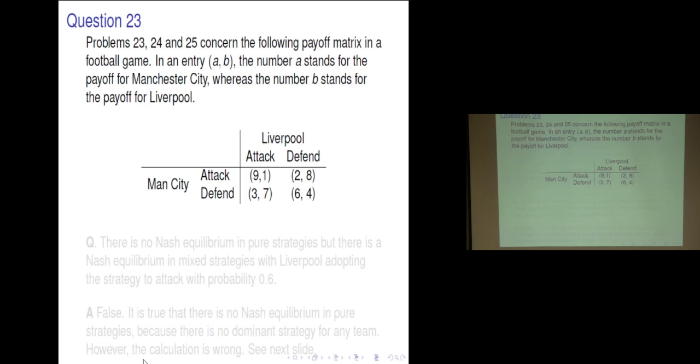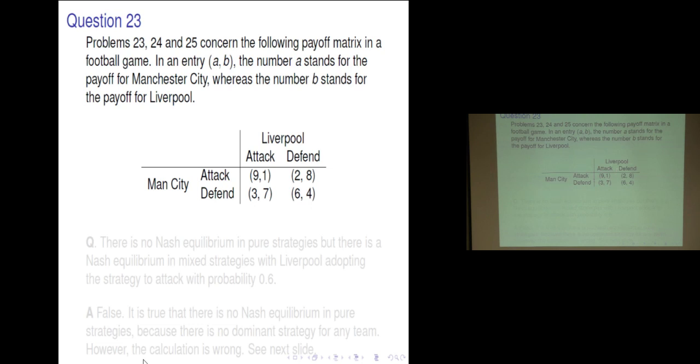The next three questions, actually only two are covered in our syllabus, so we look at the next two questions. They concern the following payoff matrix for a football game, a soccer game. I guess I don't need to explain the payoff matrix. So we have this payoff matrix, and we have two teams.